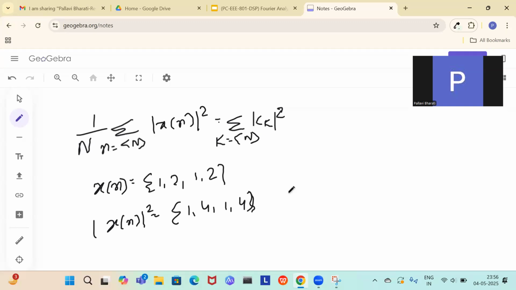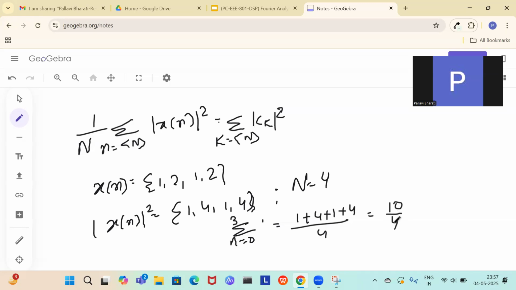This capital N is 4. Now if you do the summation from n equals 0 to 3 and add all these, you get 1 plus 4 plus 1 plus 4, divided by 4. So this is 10 by 4.